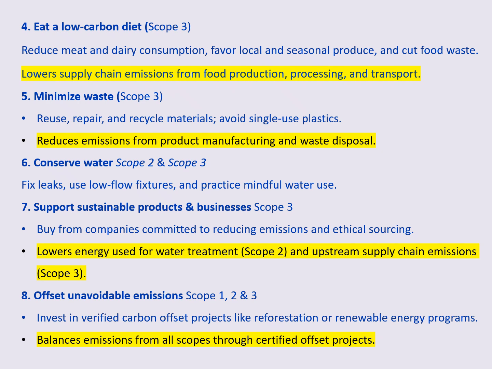Upstream supply chain emission will be scope 3. Support sustainable products and business, which is scope 3. Buy from companies committed to reducing emission and ethical sourcing. Offset unavoidable emission, which will be scope 1, 2 and 3. Invest in verified carbon offset projects like reforestation and renewable energy programs. Balance emission from all scopes through certified offset projects. Then you can reduce it.